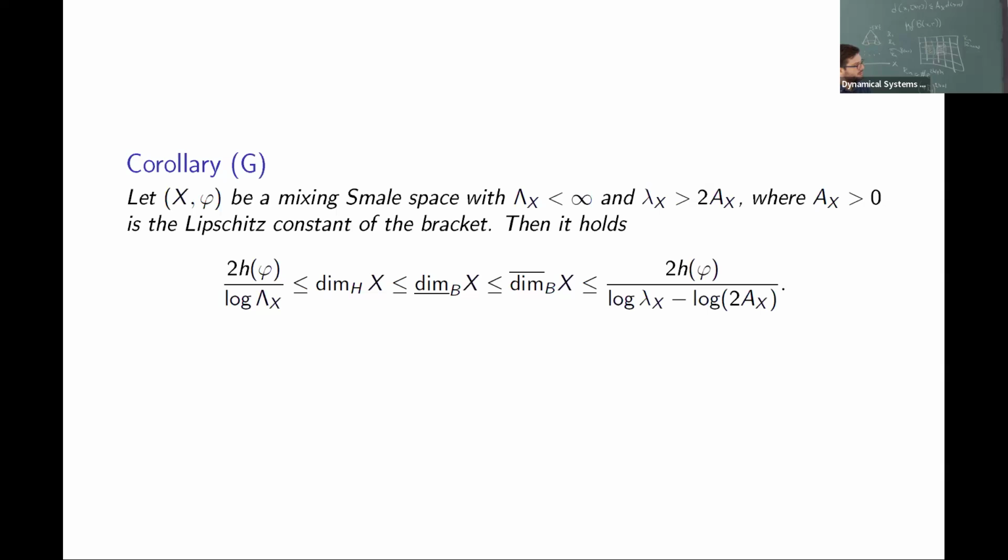Whenever the bracket constant is close to 1, and the contraction is close to the Lipschitz constant, all these dimensions converge to 2 times the entropy over the logarithm of the contraction, or the Lipschitz constant. And then the identity? We have the identity for self-similar.